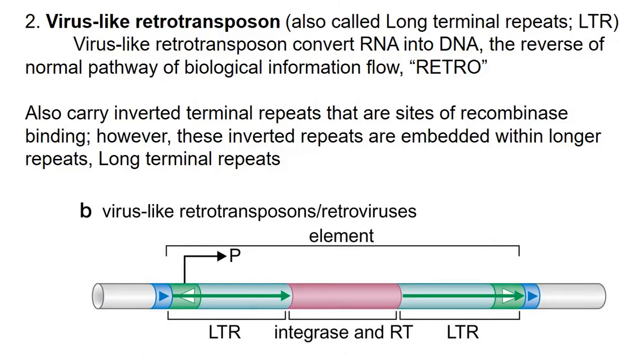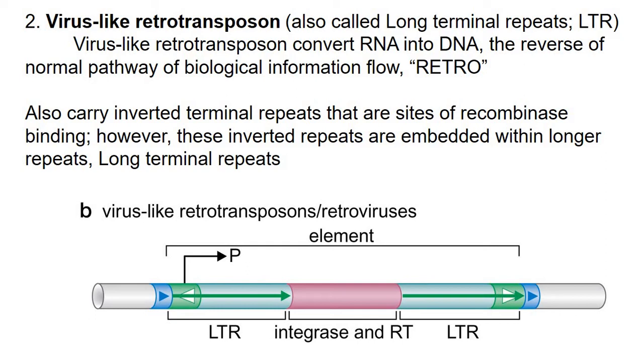Okay, so now let's move on to the next class of transposable element, virus-like retrotransposons, or long terminal repeats, or LTRs. These virus-like retrotransposons convert RNA into DNA, and that's the reverse of the normal central dogma of biology, the normal pathway of biological information flow.